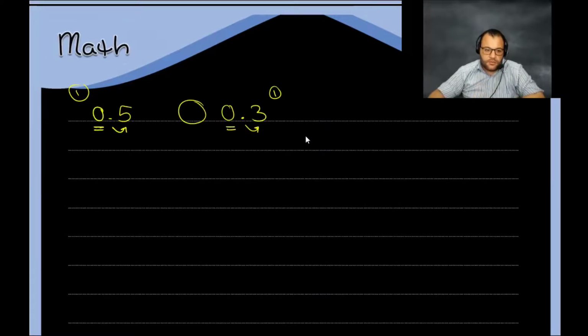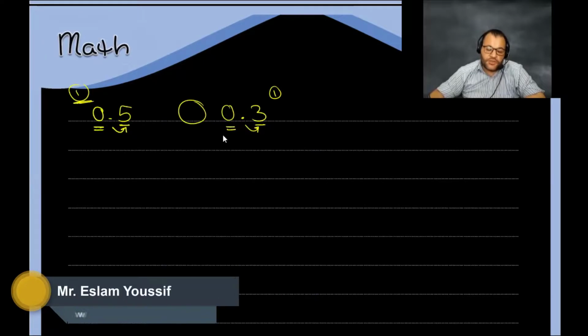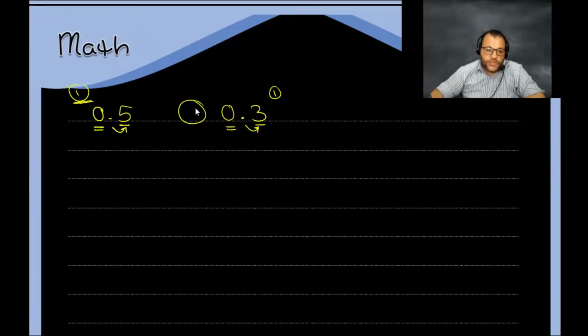So again, look at the numbers. What numbers do we have here? 5 and 3. Are they the same or different? They are different. Which one is bigger? 5. So 0.5 is greater than 0.3.